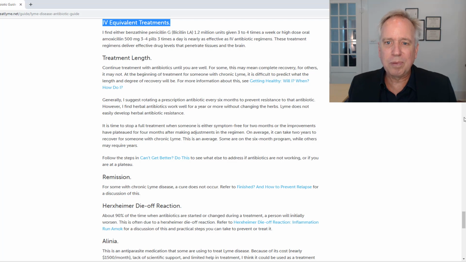By 6 months, 60% start having improvements. And by 9 months, 90% start having improvements. So sometimes it's just a matter of giving time. The reason I would rotate antibiotic regimens about every 6 months is more out of a concern of developing resistance, the germs developing resistance to the current antibiotics that I would have somebody on.